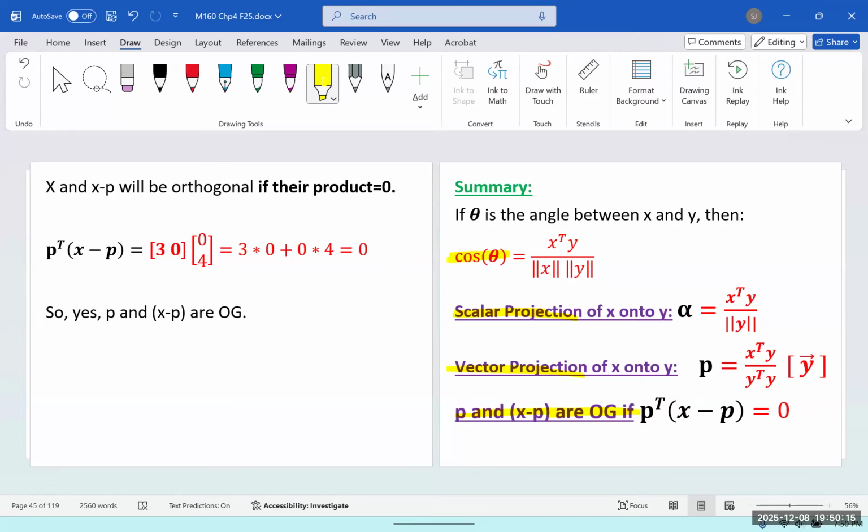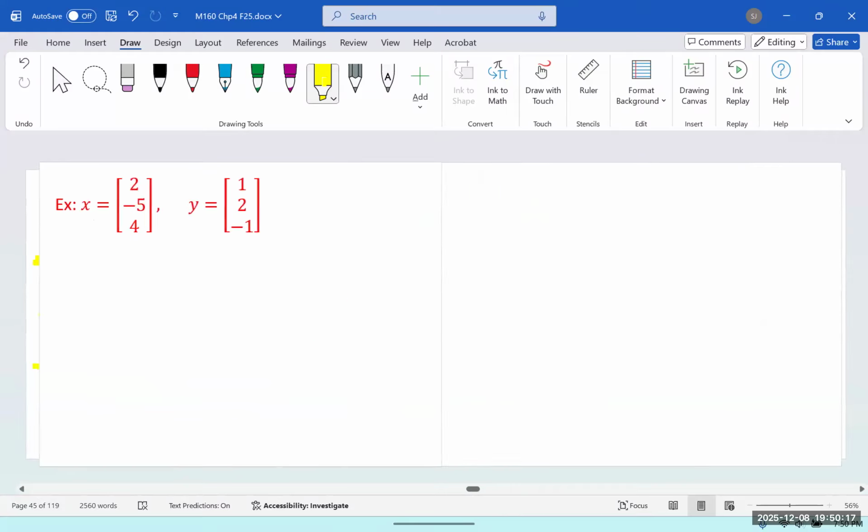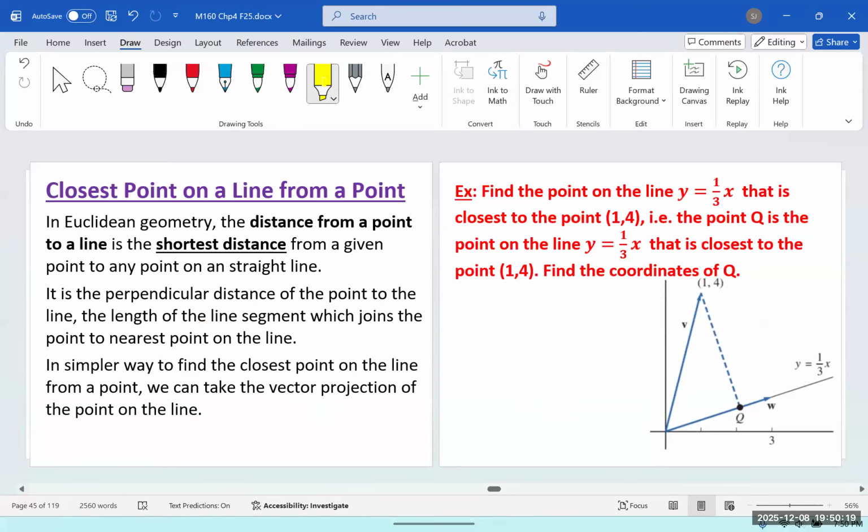Perfect. Okay. But we have one more concept. And then I'm going to show you the questions. Plus, I'm going to post a 1-page review on chapters 4, 5, 6. So you'll see which questions will come in the final exam.